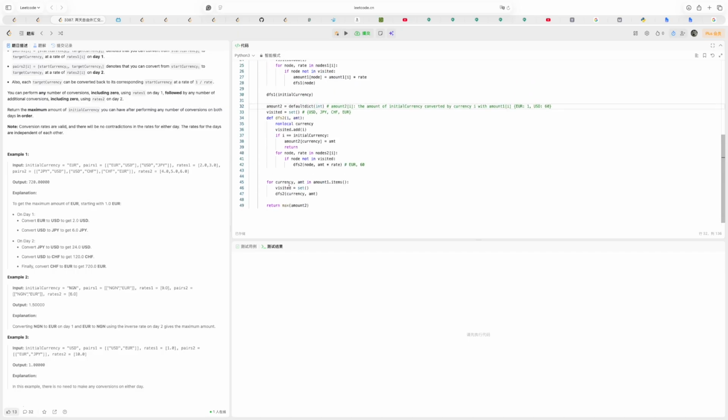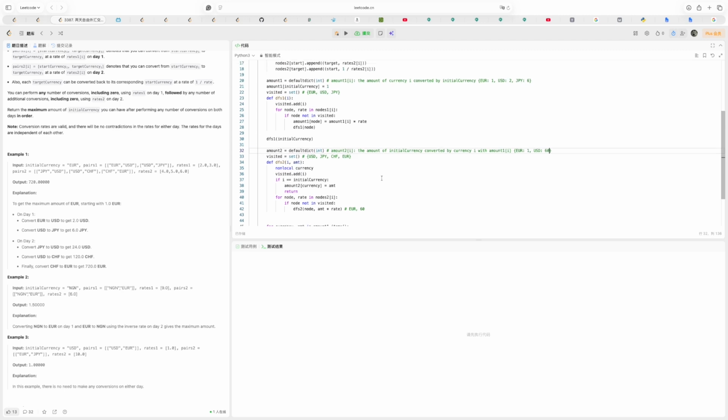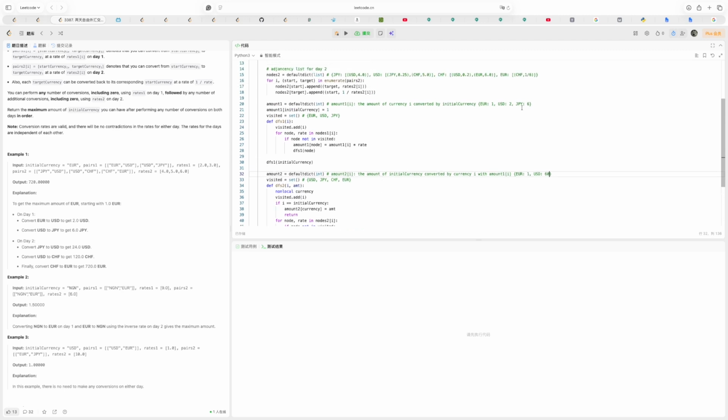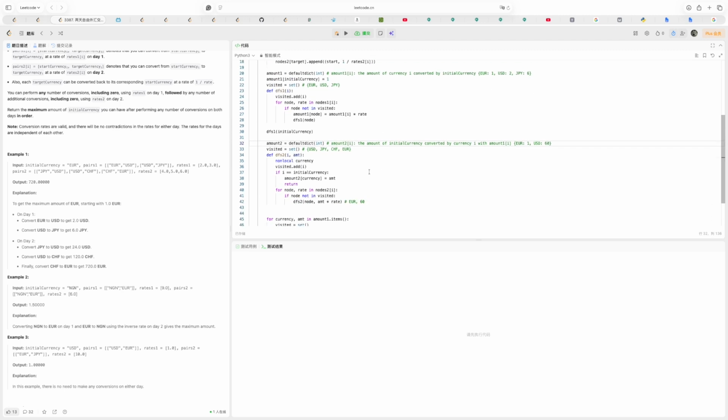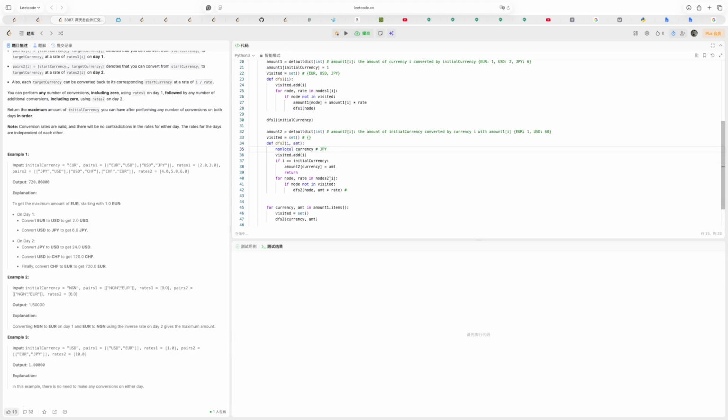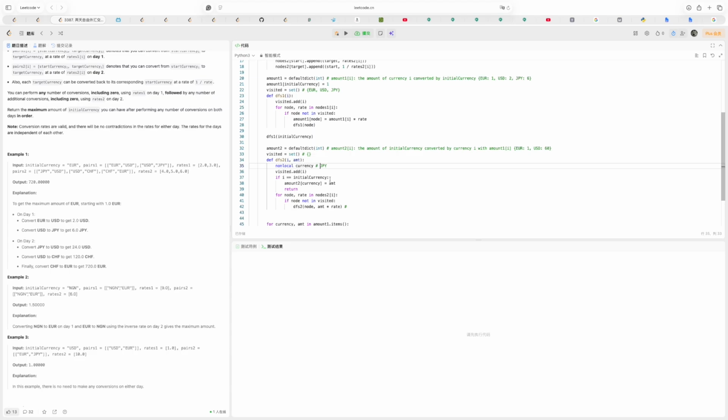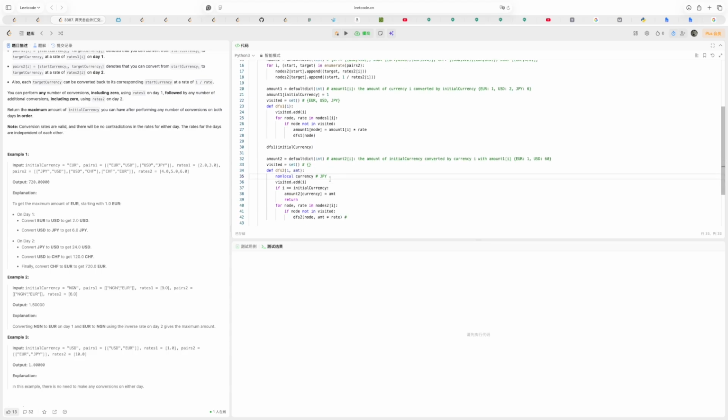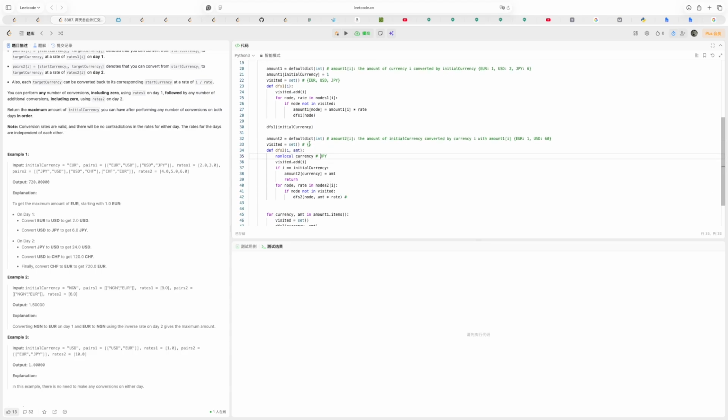So we will change to the for loop. We'll start it from JPY. We'll reset the set. So now currency is JPY, and the amount will be 6, and we'll add JPY to the visited set.